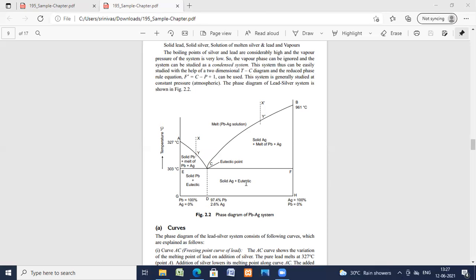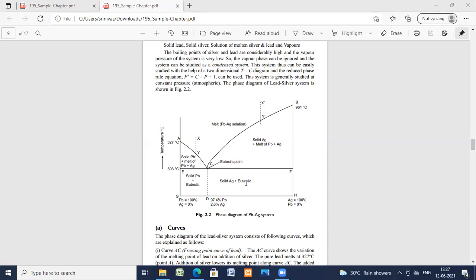The experimental measures of the temperature and the compositions are carried out at atmospheric pressure, so the reduced equation has become F prime is equal to C minus P plus 1.